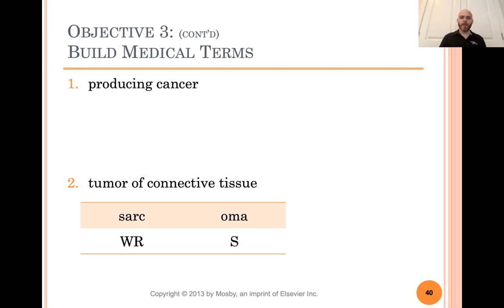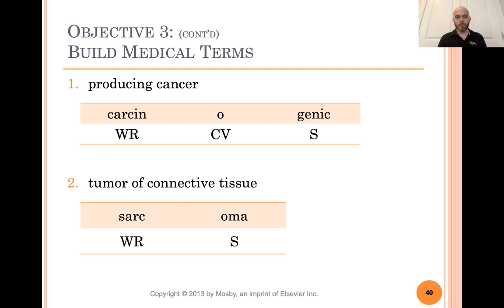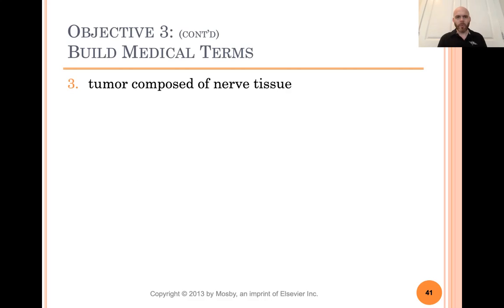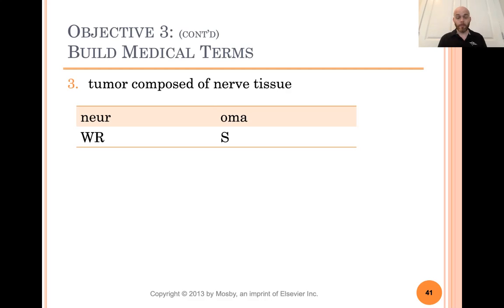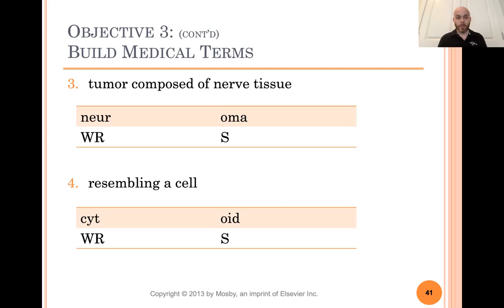So instead of carcinoma or oncology or something, they used oma, which meant tumor. That's a new one. See, sometimes they give us the answers back in the wrong order. I don't know why. Tumor composed of nerve tissue. That would be a neuroma. Word root and suffix. Resembling a cell. Cytoid. Cyte means cell. Oid means pertaining to or resembling.